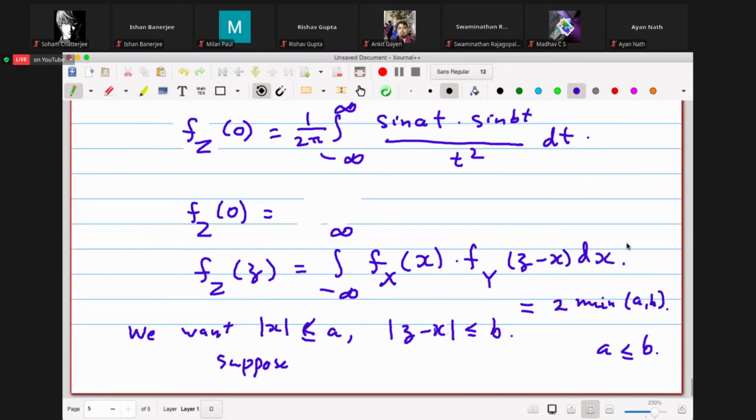In that range between minus a and a, this is 1, this is also 1. This is always 1 if it is non-zero at all. So without loss of generality, assume this, and this integral will turn out to be the integral from minus a to a of just dx. That's equal to 2a.